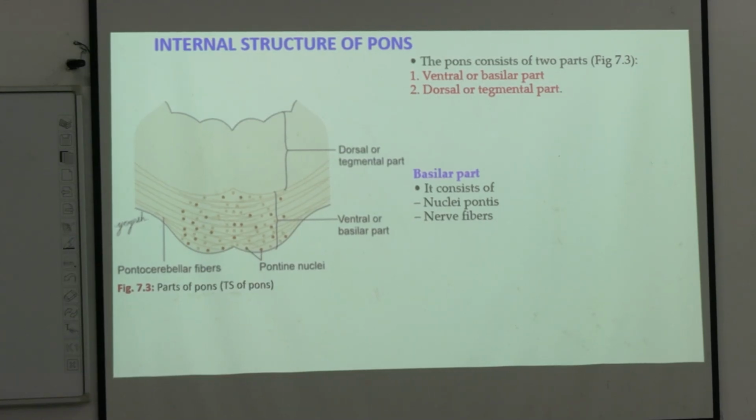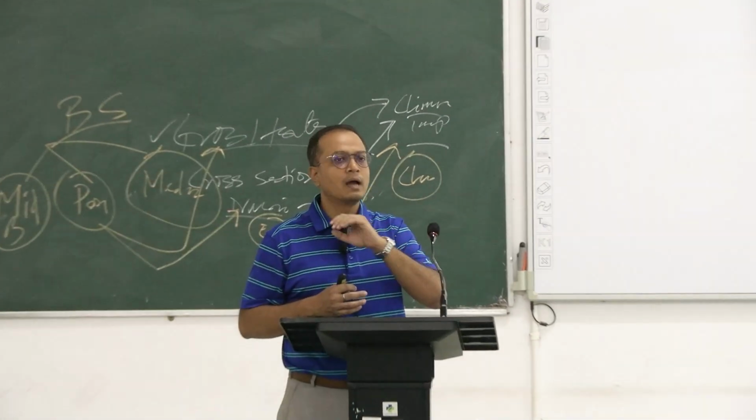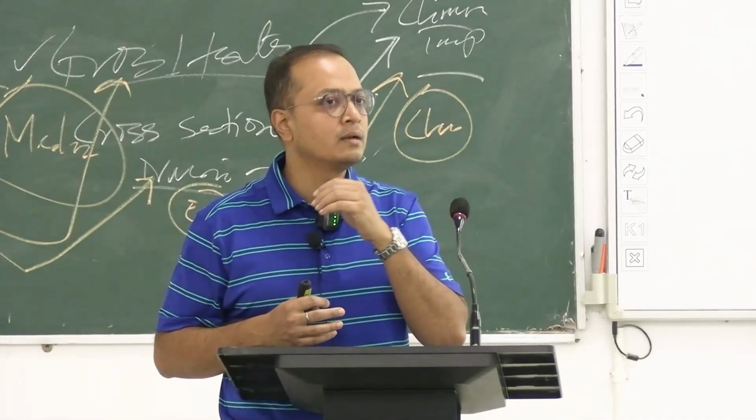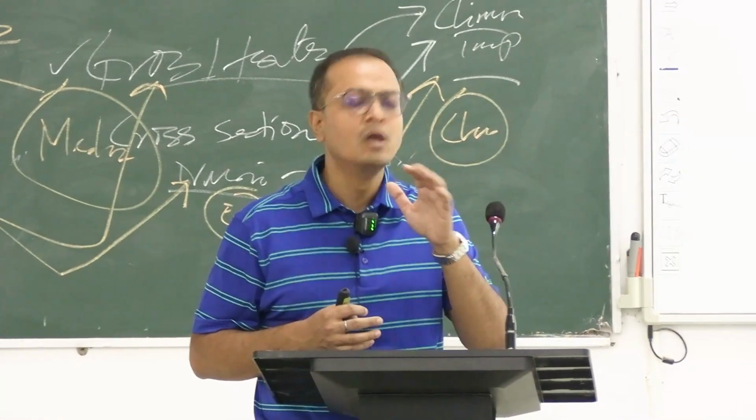What is expected of you here is that the internal structures of the pons, or microstructures, whatever nuclei or tracks are there, you should be able to reproduce with schematic pictures if asked in your examinations. How can the questions be asked? The questions may ask you to draw and label a cross-sectional picture of the pons. You can draw any section, upper or lower.